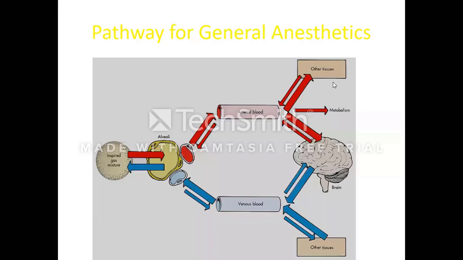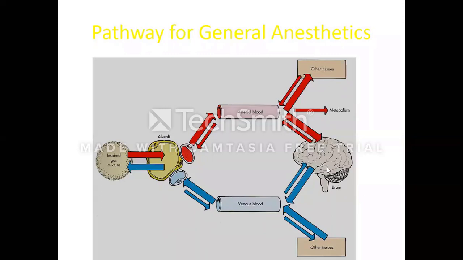These are the pathways of the general anesthetic. When a patient inspires the gas mixture, there can be certain gases along with oxygen, certain other anesthetic agents, and your main anesthetic agent, which will move into the alveoli. From the alveoli, it will move into arterial blood. Once it moves into the arterial blood, there are three fates: it will get distributed into some peripheral tissues, part of it will undergo metabolism, and the remaining drug will move into the brain.